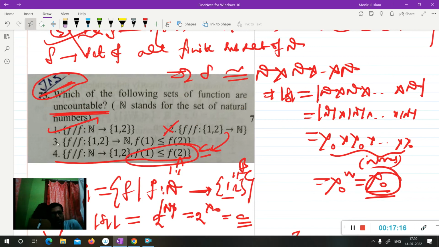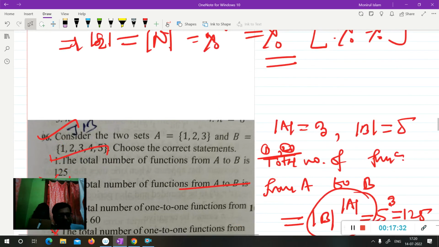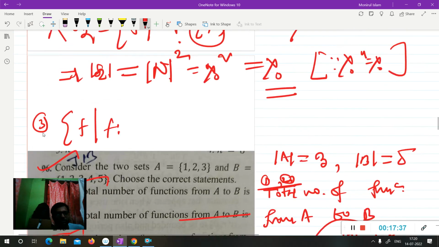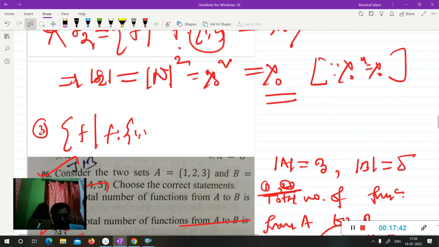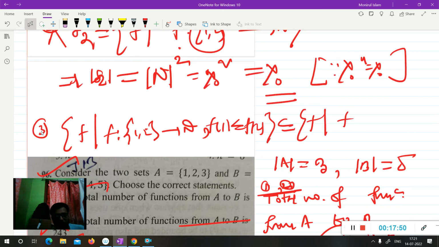Those functions belong to the set of mappings from {1, ..., n} to N with the restriction f(1) less than f(2).